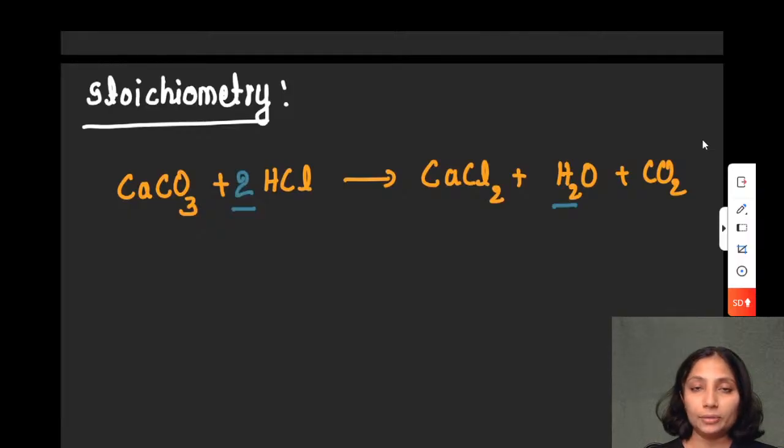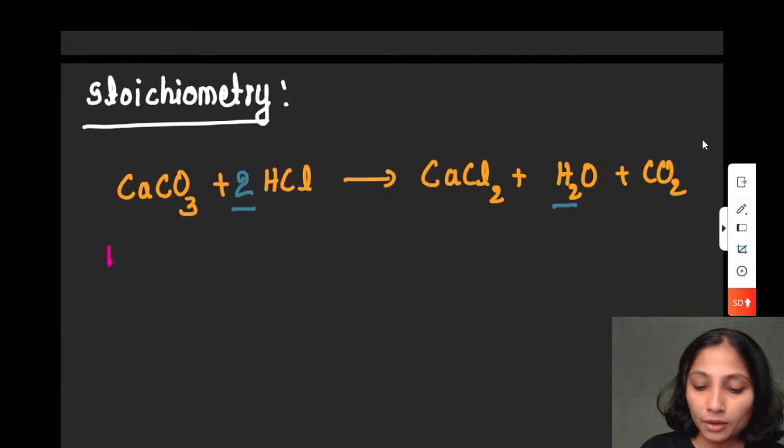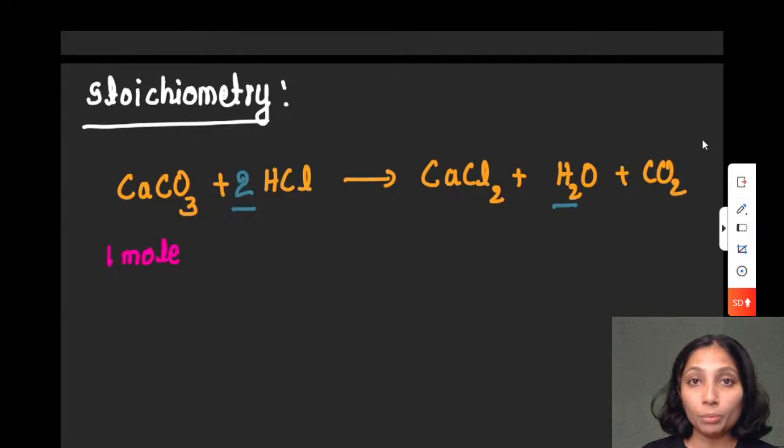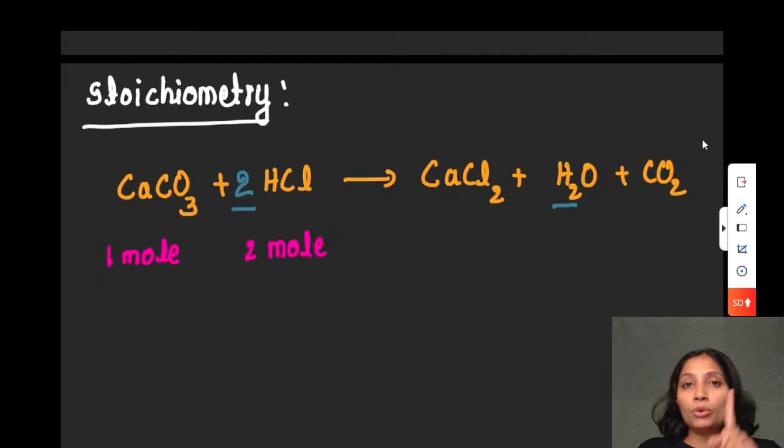What does this stoichiometric coefficient indicate? 1 mole of CaCO3 reacts with 2 moles of HCl. For 1 mole of CaCO3, how much HCl is required? 2 moles. And always remember, you have to balance the reaction before writing the stoichiometry.